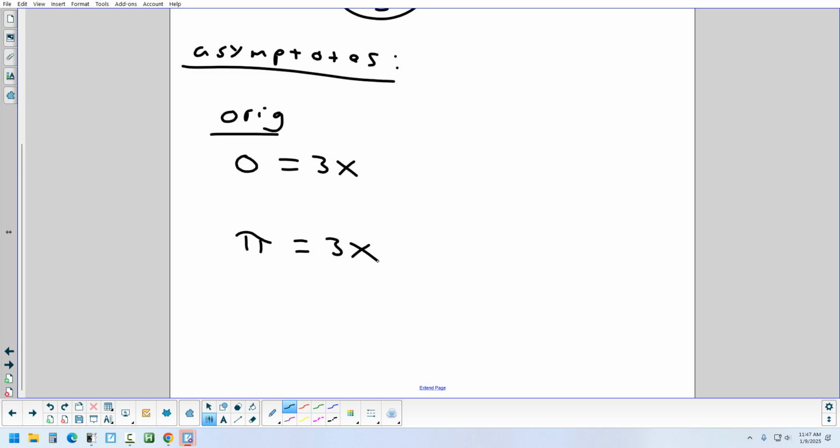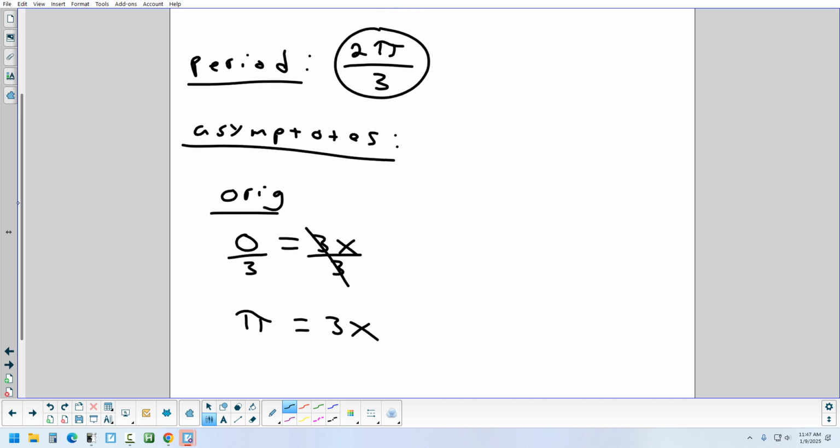How do we get x by itself in the top? Divide by 3, and 0 divided by 3 gives me 0. In other words, that asymptote didn't move because it was at 0. It stayed the same.